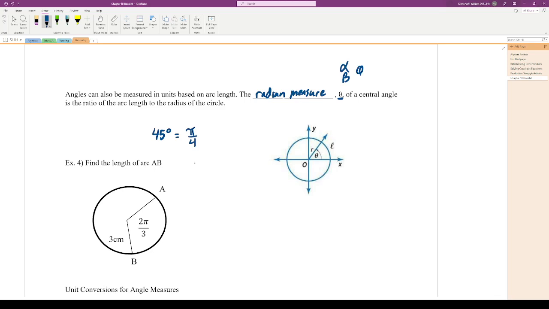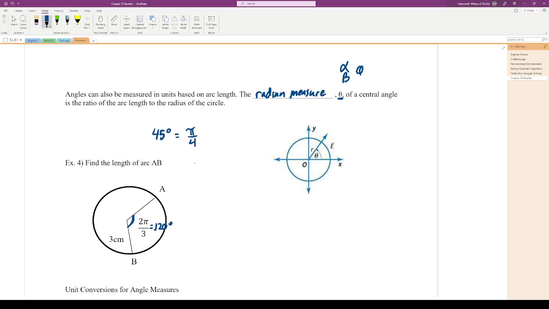Okay, so we're going to find the length based on this angle measure, which is in radians rather than degrees. So this angle measure is 2 pi over 3. Note that that's the same as 120 degrees, right? That's a third of the circle. But the nice thing about radians is we don't need the proportion that we had before, where we set up a proportion with the total circumference 2 pi r.